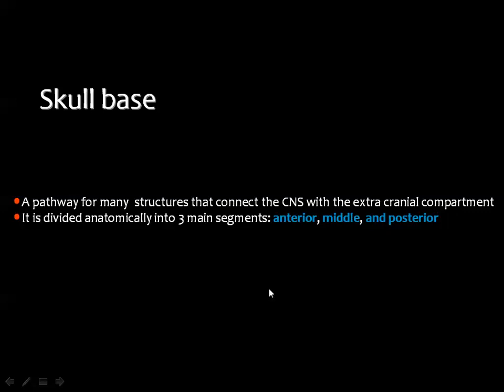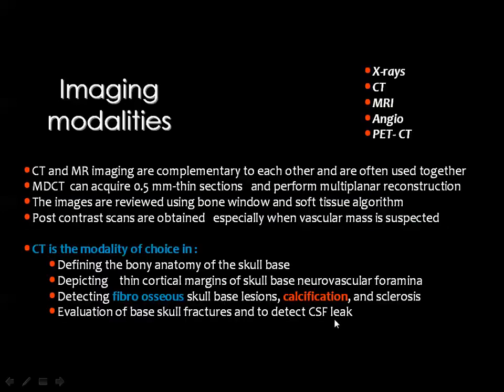The skull base is usually divided into three parts: the anterior skull base, the middle, and the posterior skull base. We have three parts of this topic, and I will handle in each part one of the areas of the skull base. Now we'll deal with the anterior skull base.